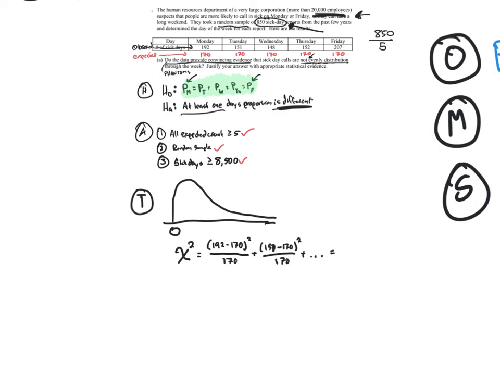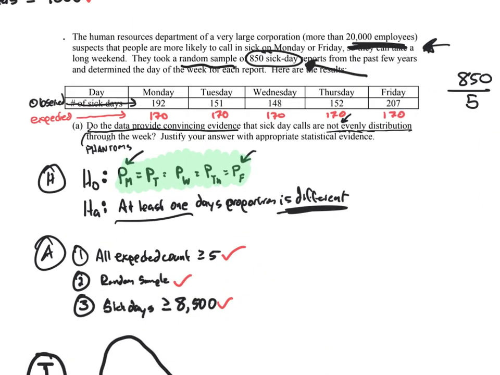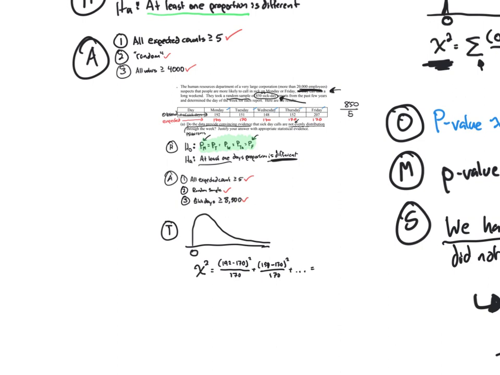Now, I'm going to go for it here. Stat, test, go all the way down to GOF test, L1, L2. How many? We have 5 days, right? 1, 2, 3, 4, 5. So we do know that our degree of freedom here is going to equal 5 minus 1, so it's 4. So make sure I put a 4 in there. Calculate. And here we go.